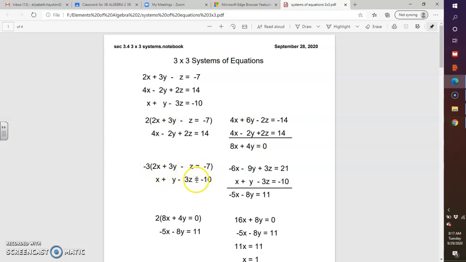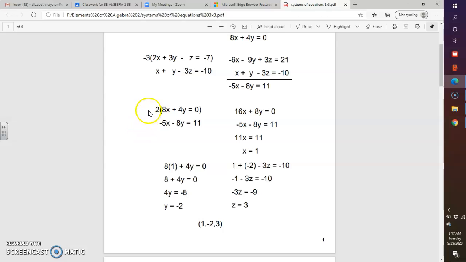So I get negative 6x minus 9y plus 3z equals a positive 21, and then I recopy the bottom, x plus y minus 3z equals negative 10. The z's cancel, and I'm left with negative 5x minus 8y equals 11. And now I have a system: 8x plus 4y equals 0, and negative 5x minus 8y equals 11.